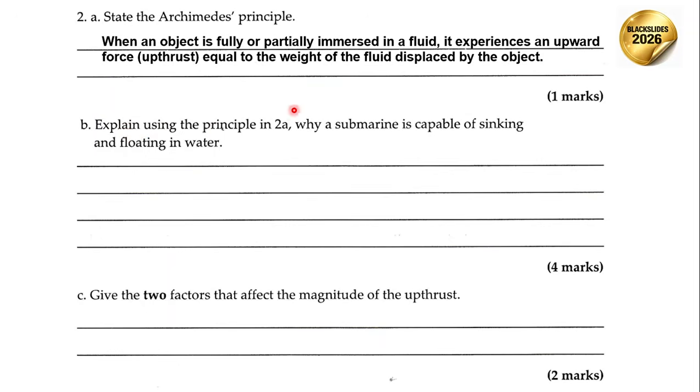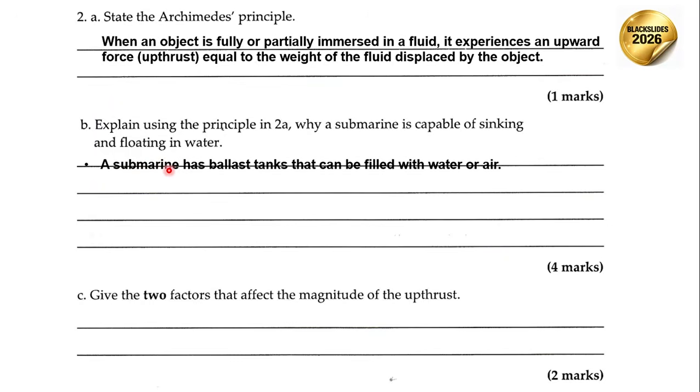In other words, using Archimedes' principle, explain how a submarine ship sinks or floats on water. 4 marks. It is expected for you to raise 4 points at least. The number of marks indicate how many points you must raise in your answer.